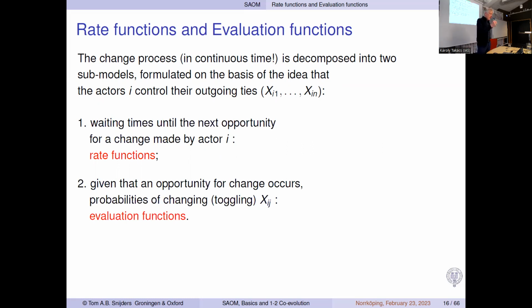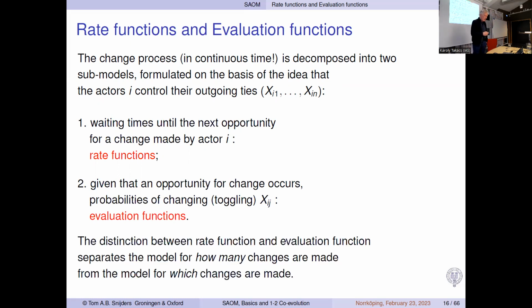And the second component is, if an opportunity for change occurs, which choice will be made? So the probabilities of changes, if an opportunity occurs. And those two components are modeled by so-called rate functions and evaluation functions.